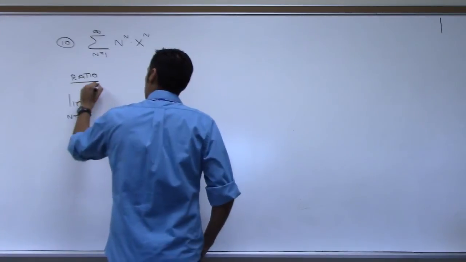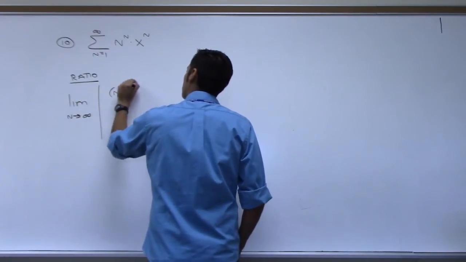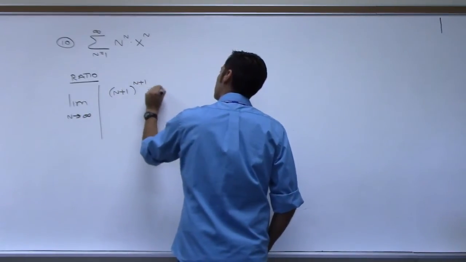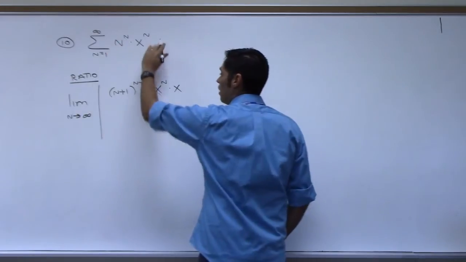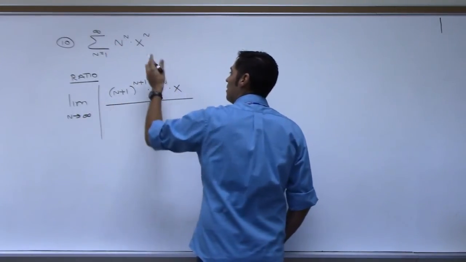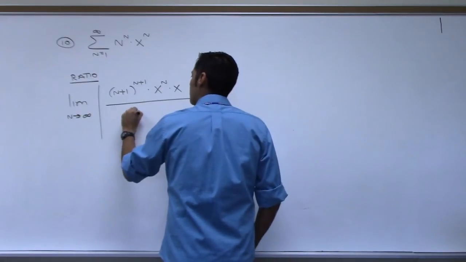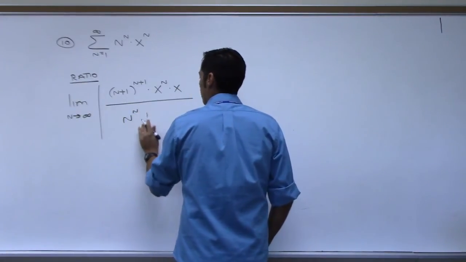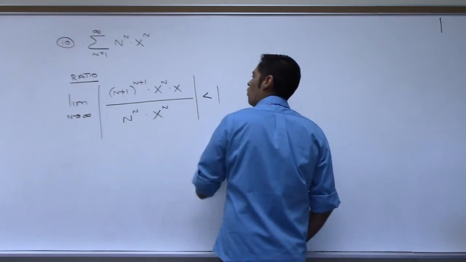So plug in n plus 1, you get n plus 1 to the n plus 1 times x to the n times x. So that's what happens when I plug n plus 1 in there. Divide that by, since it's not a fraction to start, I don't have to do that flippy thing, n to the n times x to the n. Need that to be less than 1.